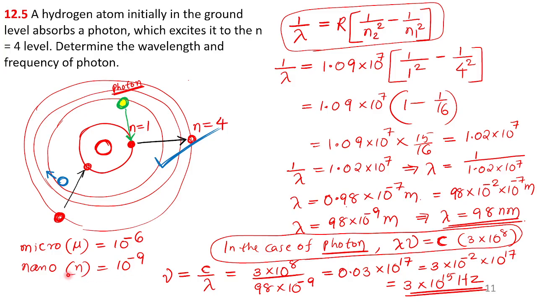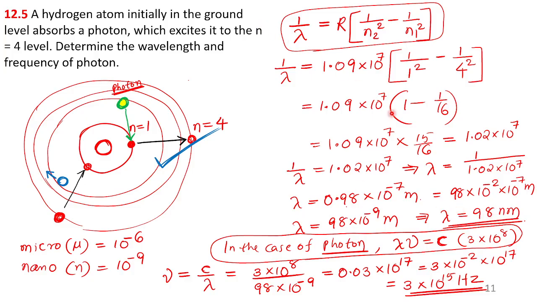So lambda equals 98 into 10 raised to minus 9 meter. 10 raised to minus 9 stands for nano. So 98 nanometer.